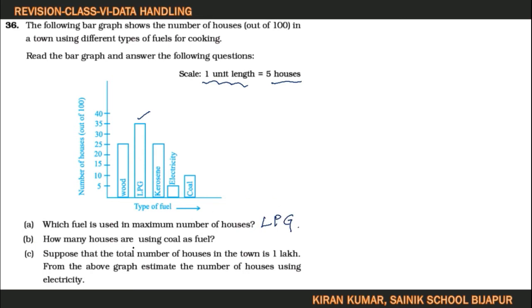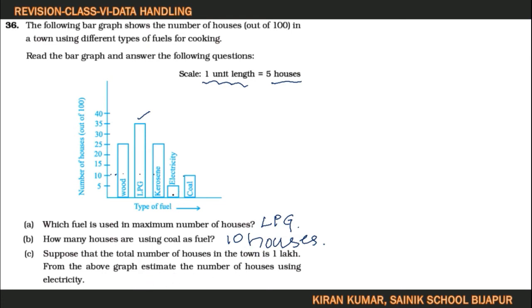In how many houses they use coal fuel? So coal. If you draw a horizontal line, you will come to know the exact number. It is 10 houses. Suppose that the total number of houses in town is 1 lakh. Then from the above information, estimate the number of houses using electricity.